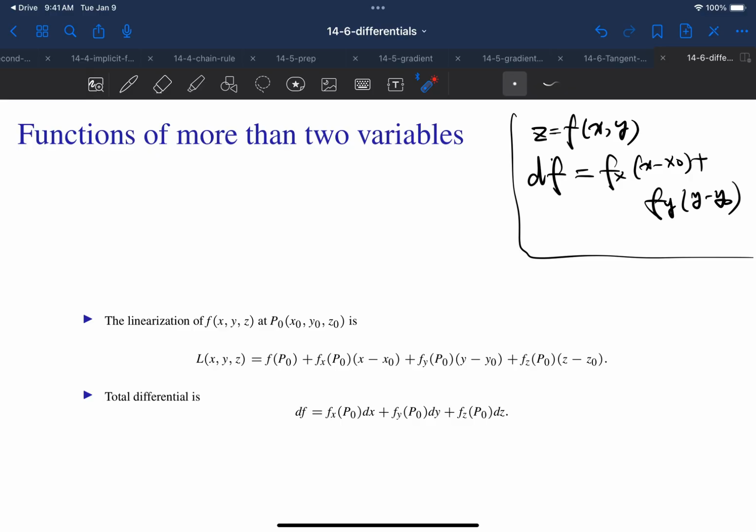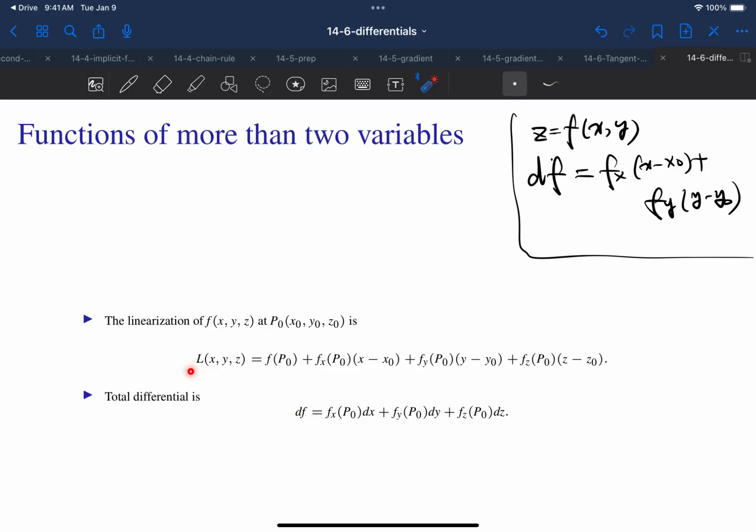Now, if you have a three-dimensional function, then its linearization includes x change, y change, z change. Because there's another z direction, we have to count it into the total differential.